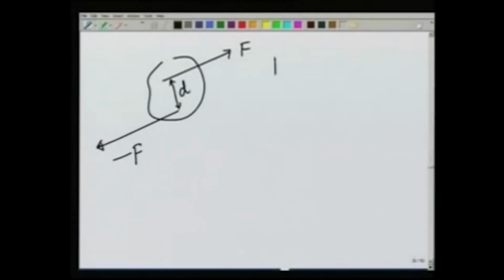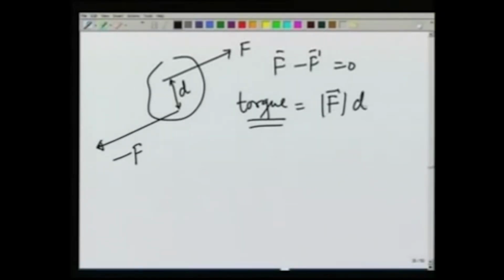Then the net force F minus F is equal to 0, and the torque need not be 0 because the forces are displaced from each other. It is going to be the magnitude of F times d, where d is the perpendicular distance between the two. This is known as a couple, or couple moment.